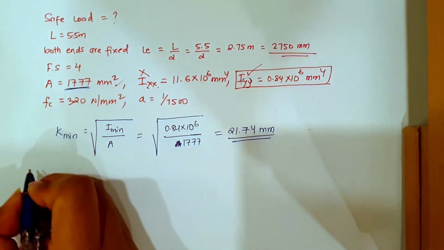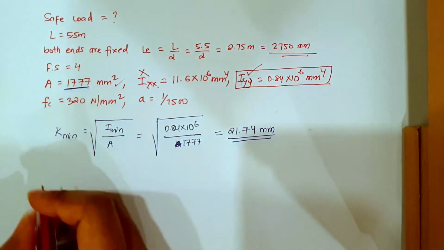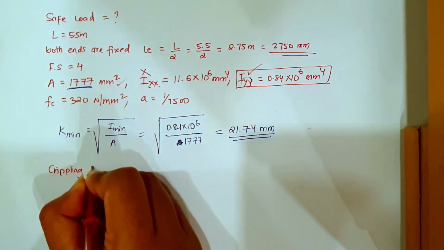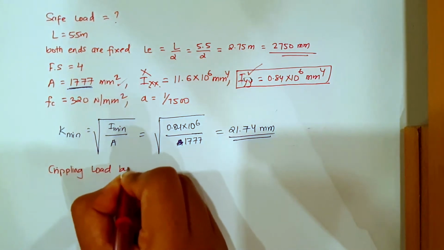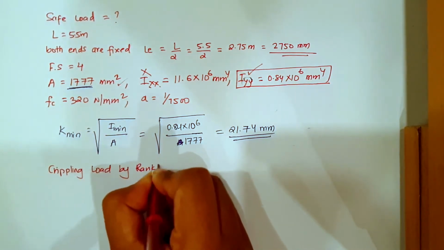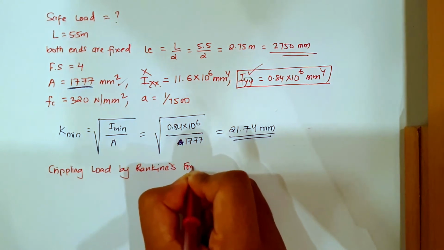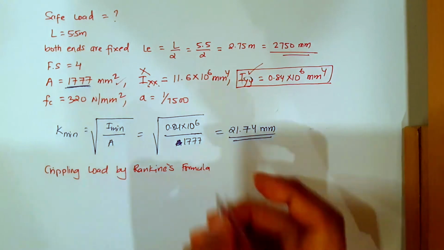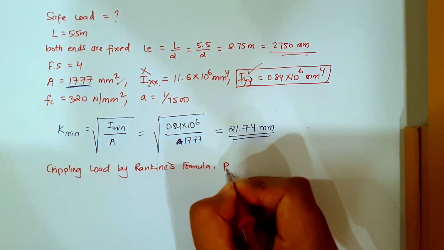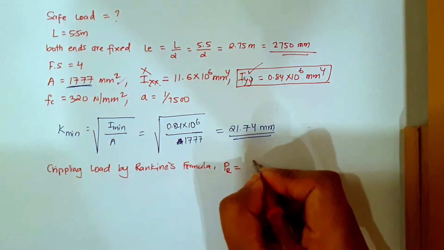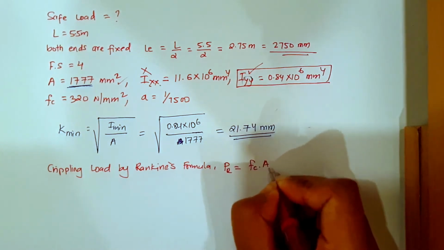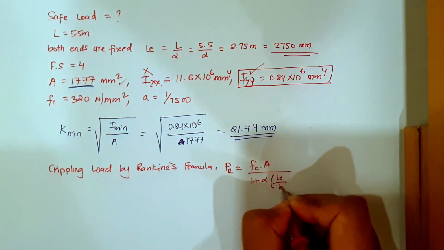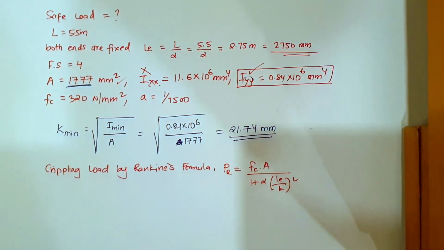Now let us put in the crippling load formula. It is given by PR equals F of C into area divided by 1 plus alpha into LE by K the whole square. This is it, right?